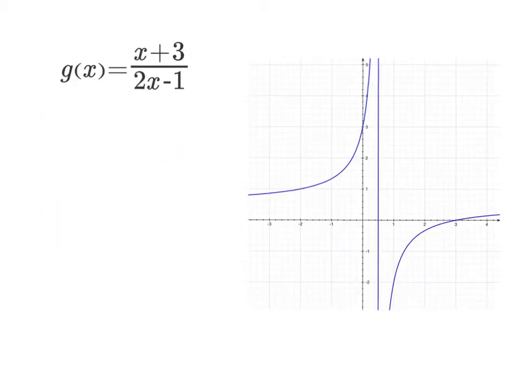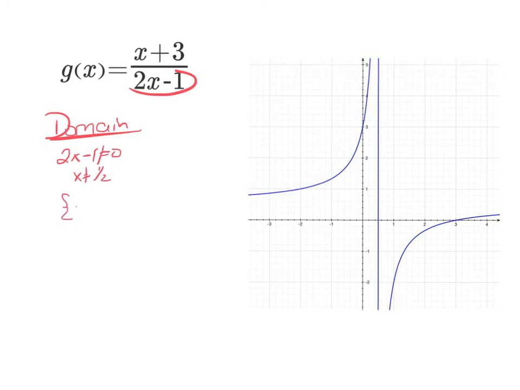Here we have another rational function, g of x. g of x is rational because it consists of a polynomial over a polynomial. And the domain of this function we can find by setting the denominator equal to 0. So we know that x cannot be equal to 1/2. So the domain of this function is all reals except for 1/2.